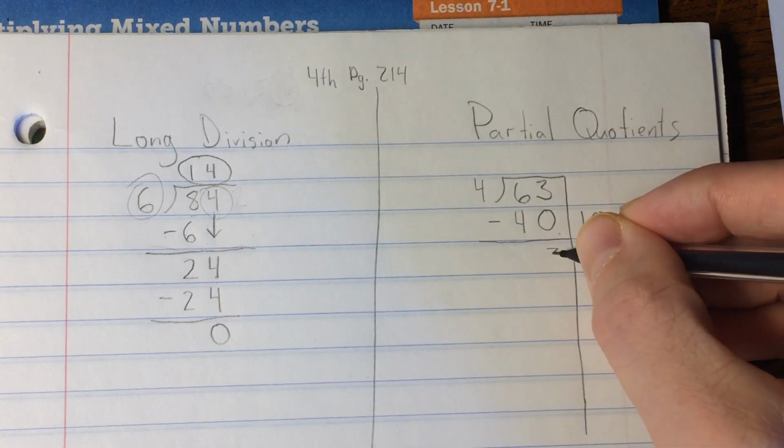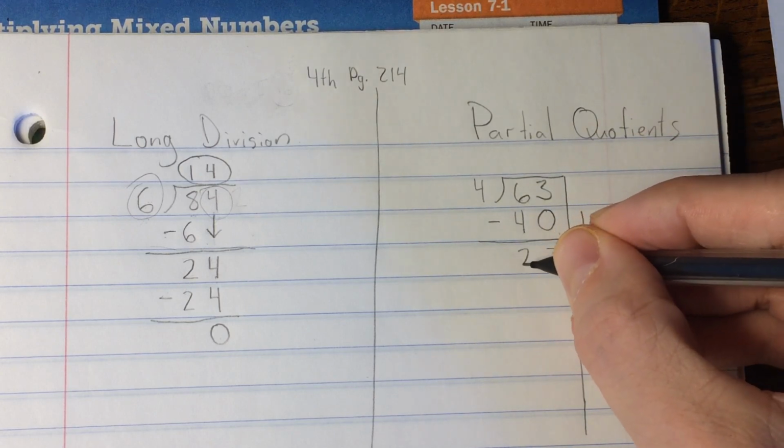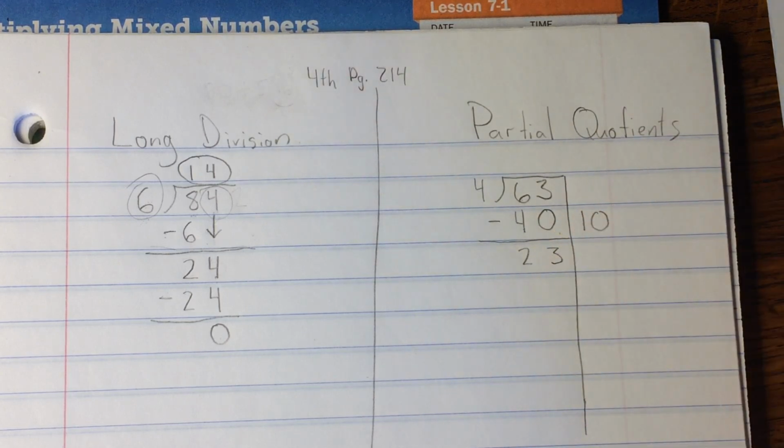3 minus 0 is 3. 6 minus 4 is 2. And now we're left with 23. And this is where, again, you might be able to recognize that 4 can technically get pretty close to 23. But I also know that anytime you multiply 4 by something, it's not going to equal an odd number.